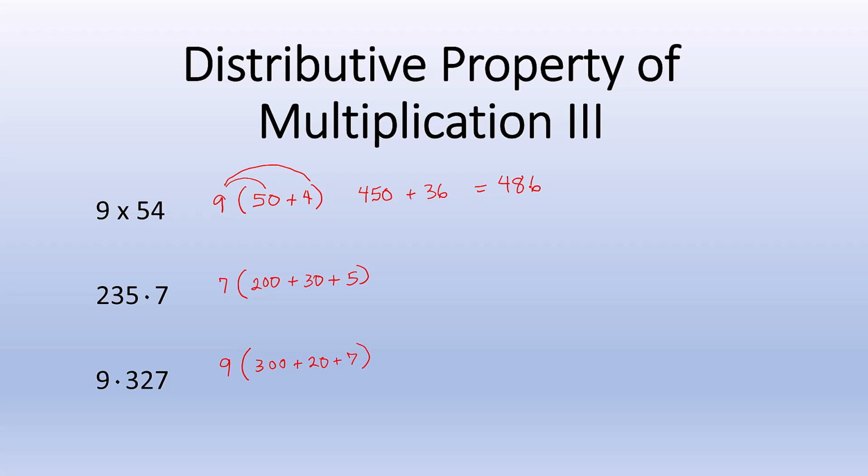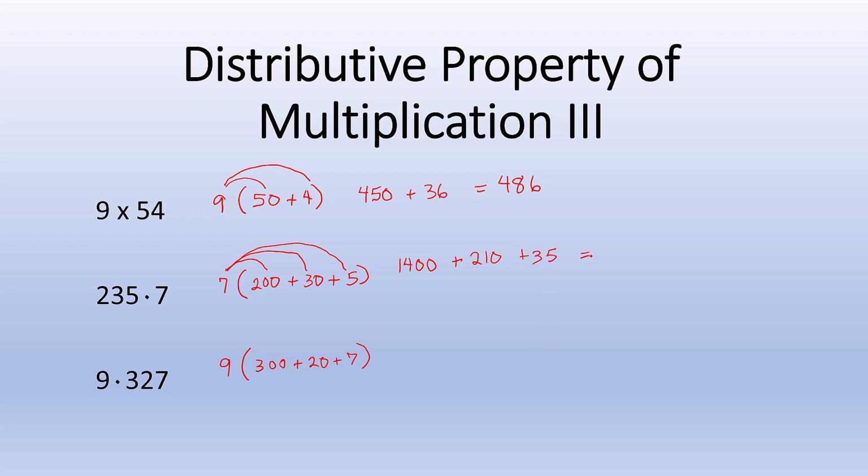Okay, let's see if I can do it here. Here I know that I would do 7 times 200, 7 times 30, and 7 times 5. So 7 times 200 would give me 14, and then I add 2 zeros at the end, and I add 7 times 30 would give me 21, and then I add a 0 at the end, and 7 times 5 equals 35.